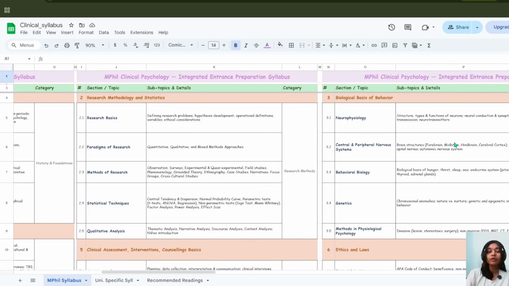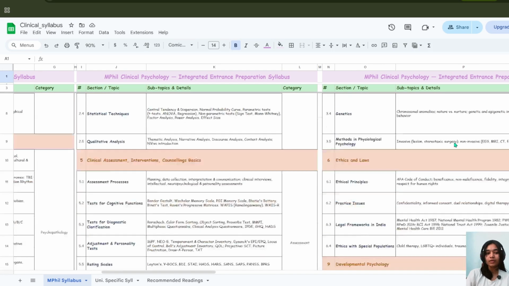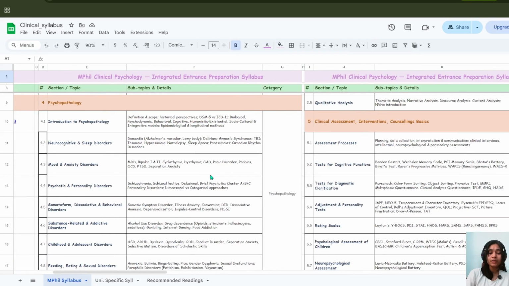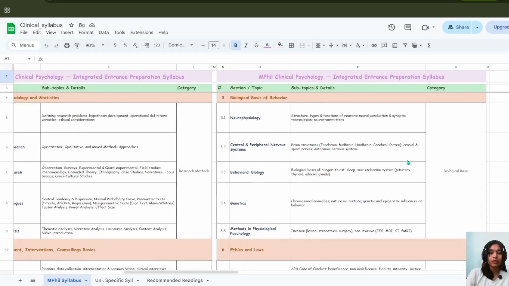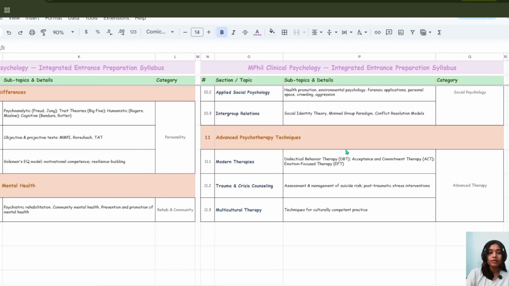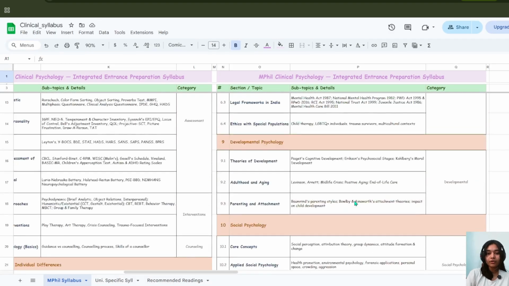It's just that in-depth questions might be asked from these 3-4 units: your research, your clinical assessments, your psychopathology, your biological basis of behavior, and therapies, counseling. So you have to understand what the new therapies in the market are, which are EFT, DBT, mindfulness techniques, ACT. Understand that, and how you assess and manage suicide risk clients. Understand all of these, and then you're good to go.